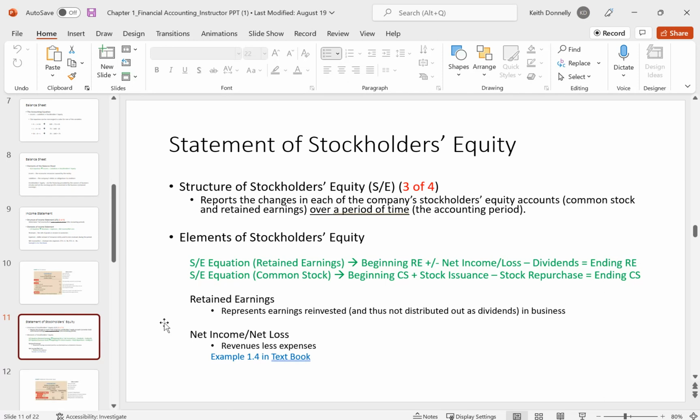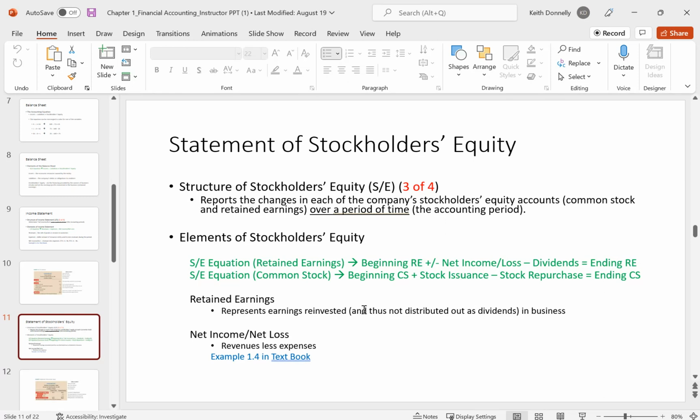The next thing, the third financial statement, is our statement of stockholders' equity. Now, this has two components to it, right? Remember we said it has a common stock component and a retained earnings component. For the common stock component, the equation is your beginning common stock plus stock you issued or sold minus stock you bought back gives you your ending common stock.